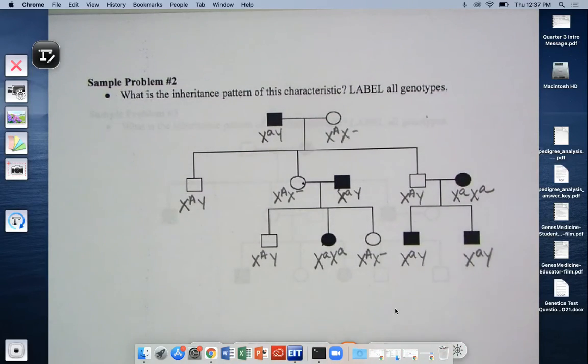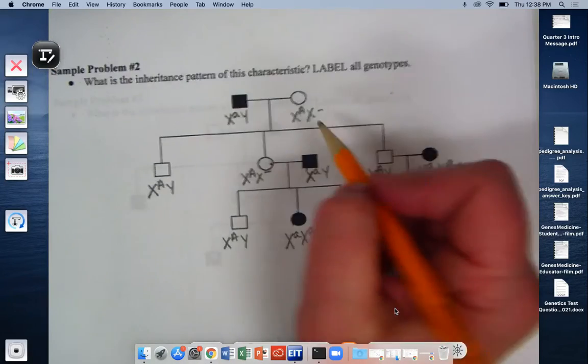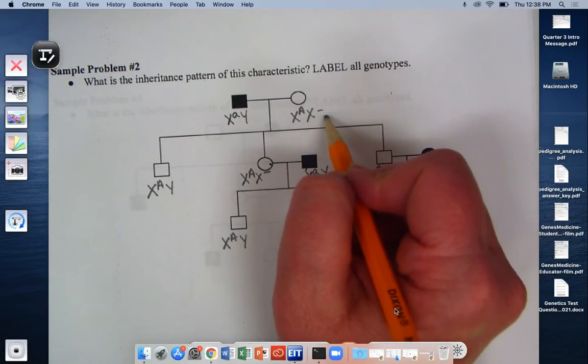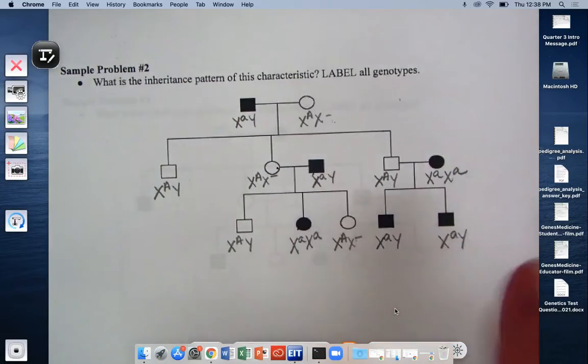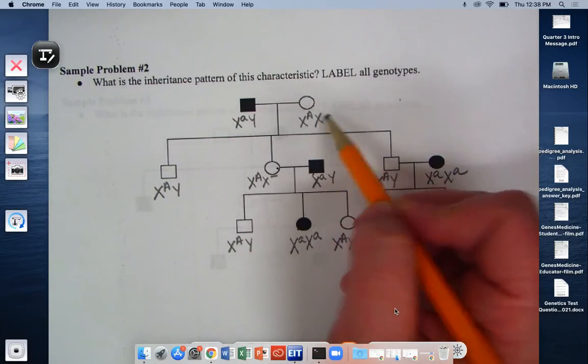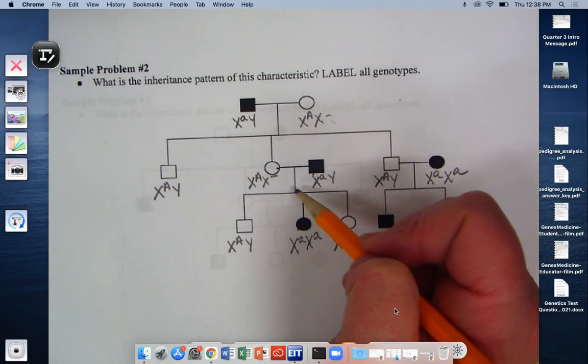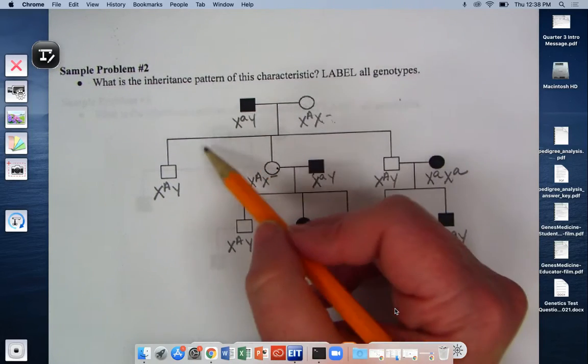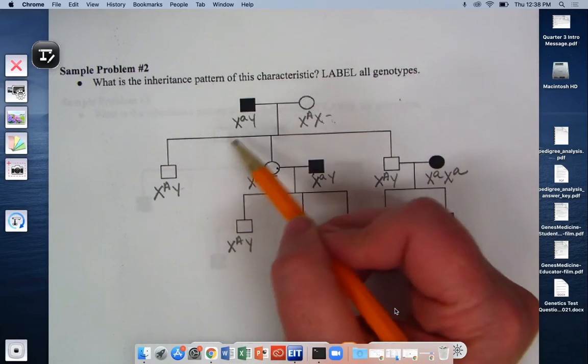All right. Now we have a couple of blanks, right? We have this blank, and this blank. The question would be, can we solve this blank before we let it go? So can we figure out what this mom has based off the children? So the boys got a Y from their dad.